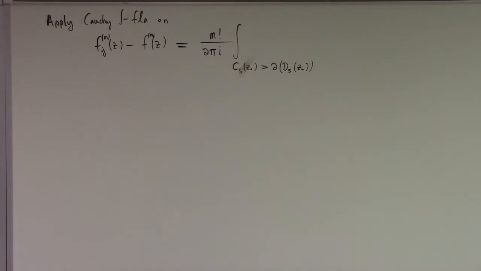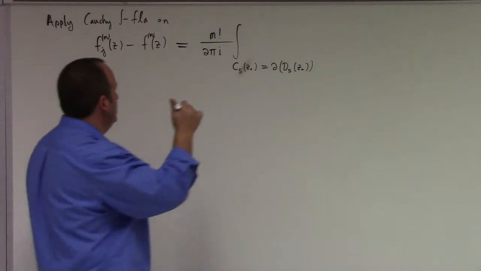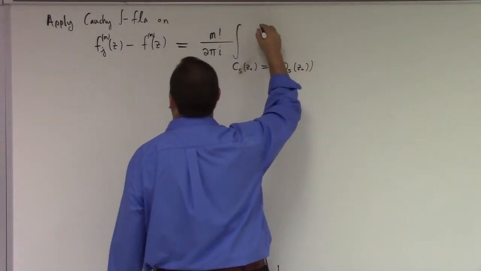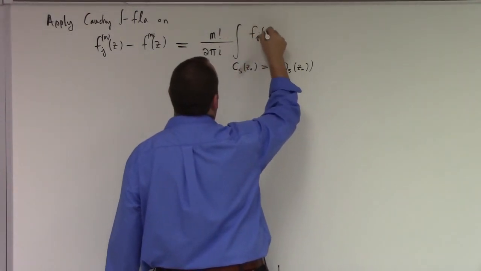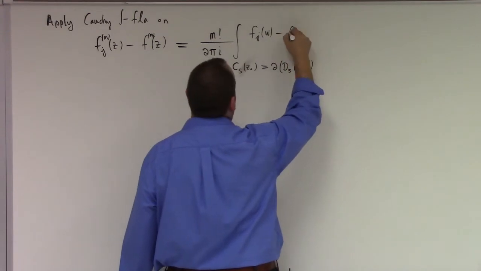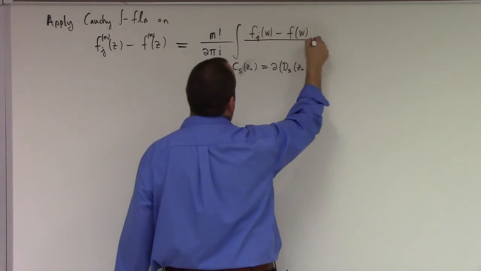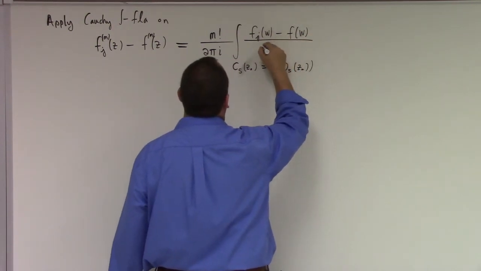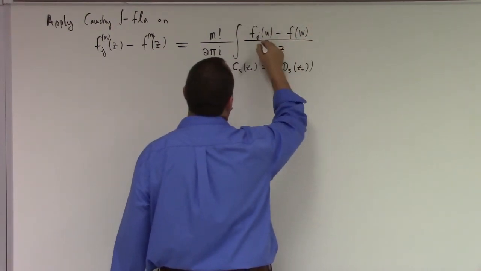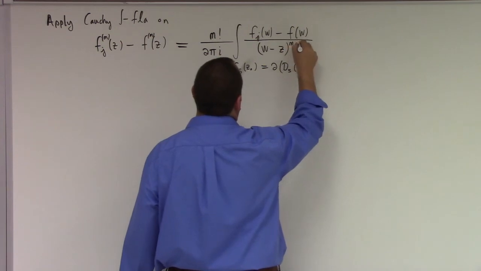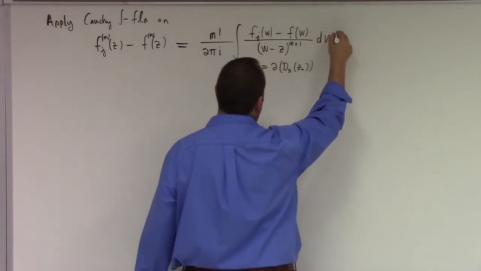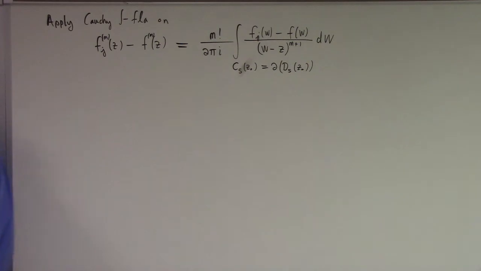This z is actually fixed. Cauchy's integral formula gives me fj of w minus f of w divided by w minus z to the m plus 1, if I remember right, dw, using w as the integration variable.